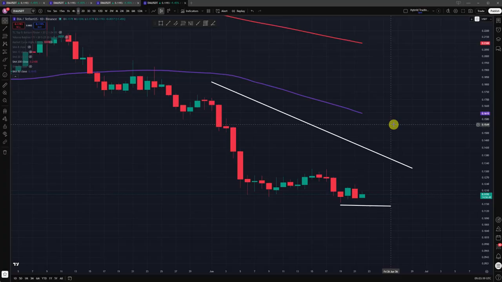I'm more looking for a recovery with a ranging period. So that's pretty much the final answer. I do expect that we are going to have more downside. I do not know if this particular bottom is going to hold. I suspect not.